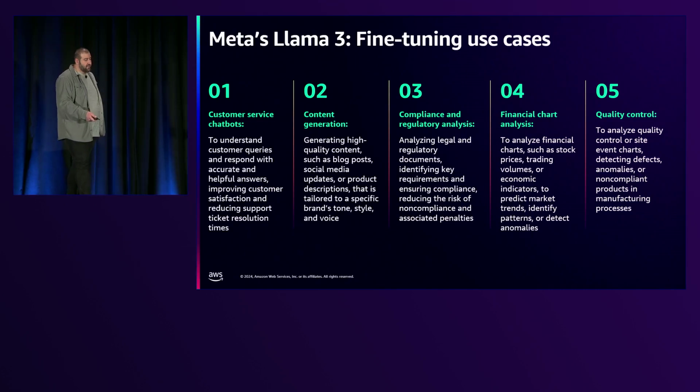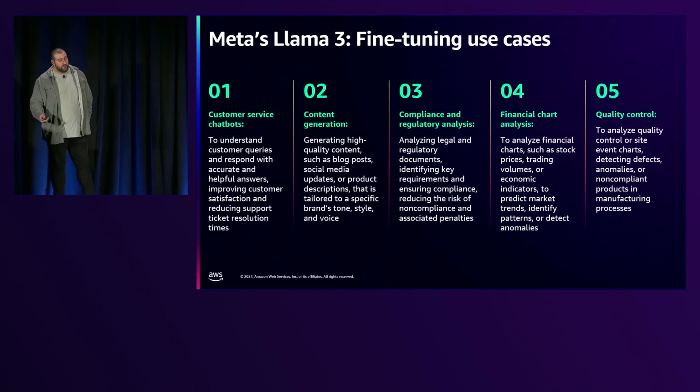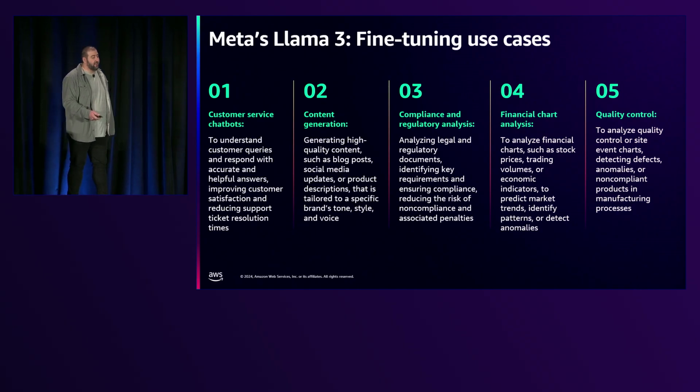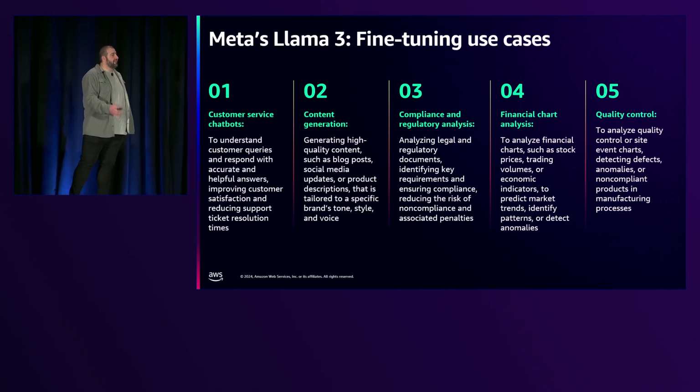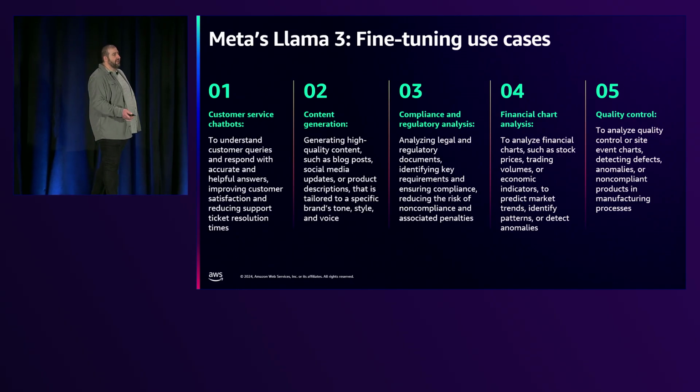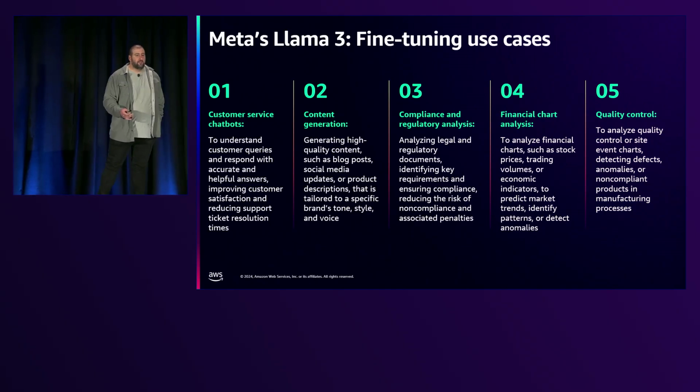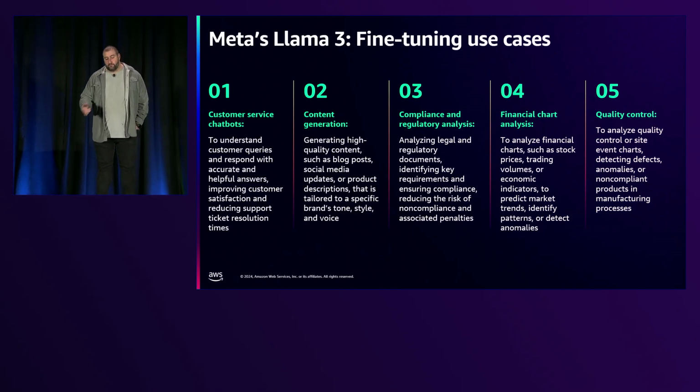But in this, you can see customer service chatbots. How does fine-tuning help with customer service? Well, being able to really understand a business's customer queries and having the context of that business's internal knowledge, their products, et cetera, becomes very advantageous and improves the performance. Content generation, being able to tailor it to a brand's tone, their style, all of these things is super important.